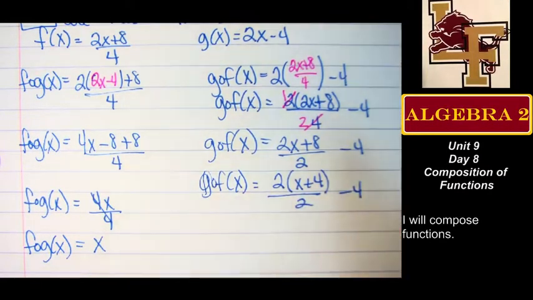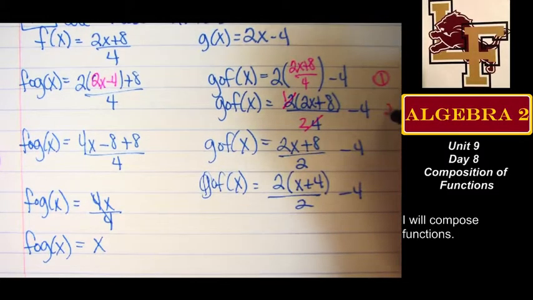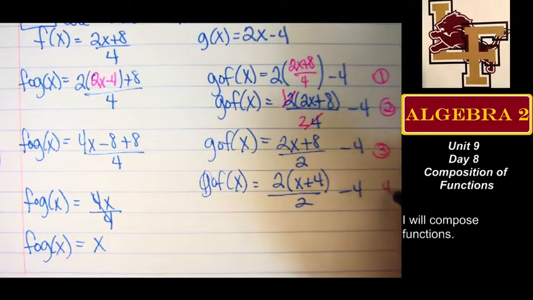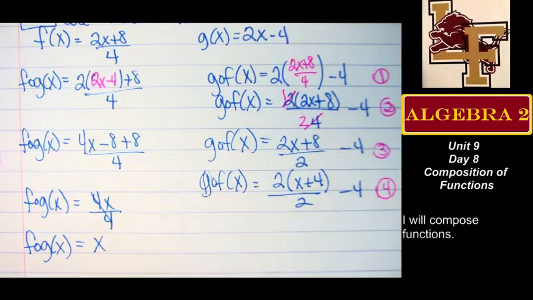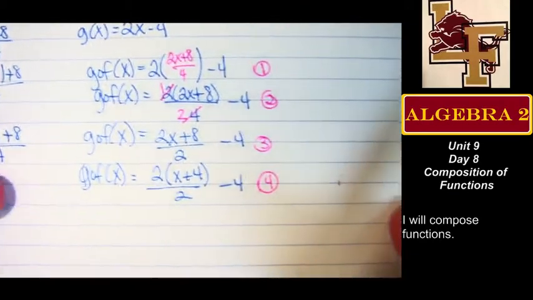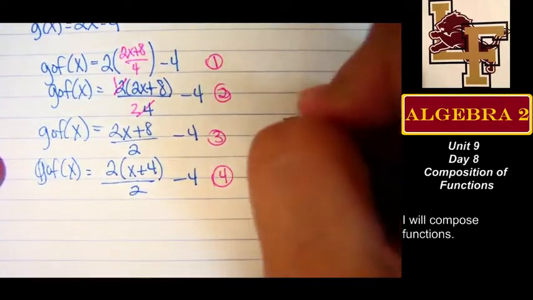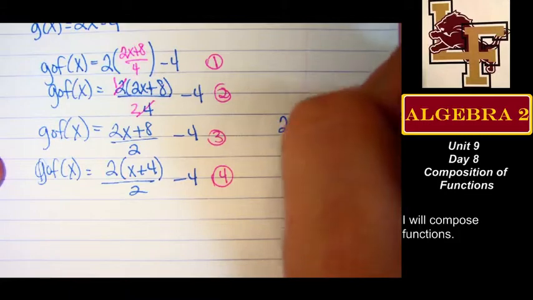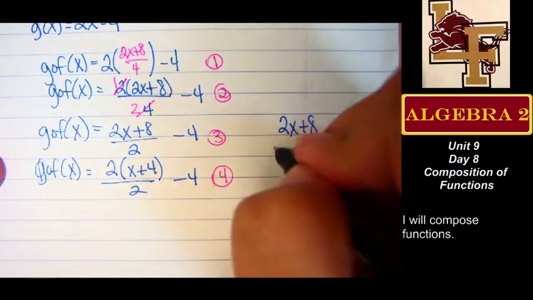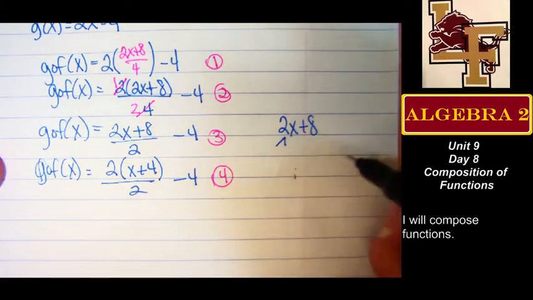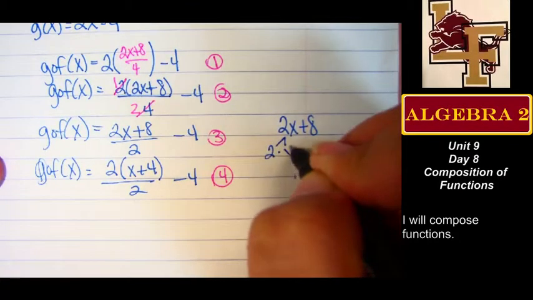Okay, I'm going to pause here for a second and ask between lines 3 and 4, are there any questions on how I went from line 3 to line 4? Yes. Okay, so I'm going to scoot this over. What I did was I factored at line 3. So I took this value that was my numerator, and I looked at what do I need to multiply to give me 2x? 2 times x.